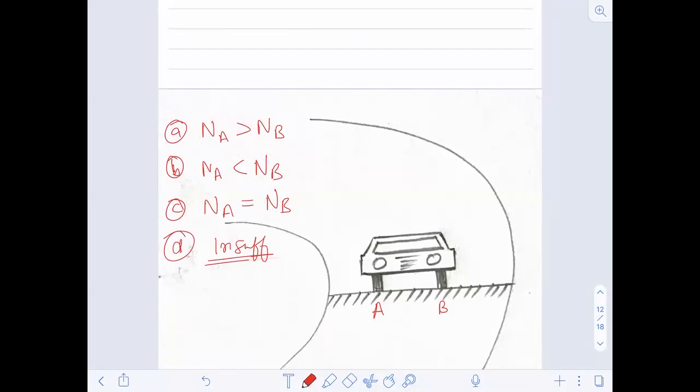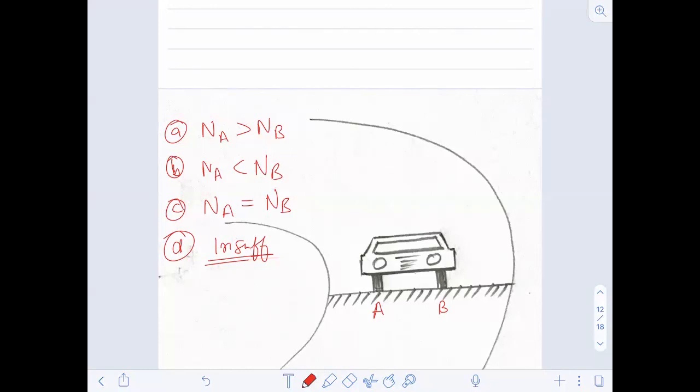Okay, I got two answers. One person is saying NA is equal to NB. One is saying option B, NA must be less than NB. Anyone else who wants to say anything? Option C, NA is equal to NB.